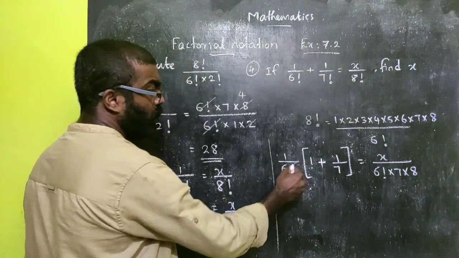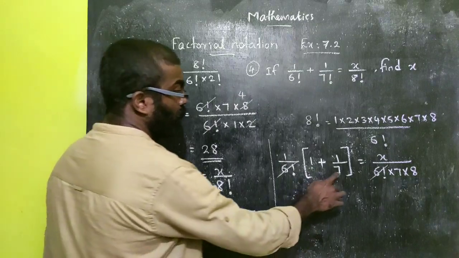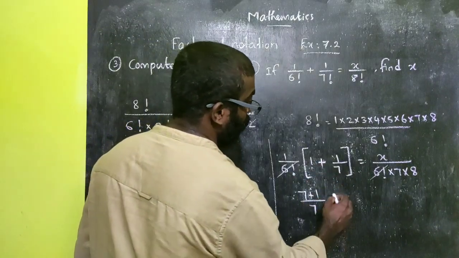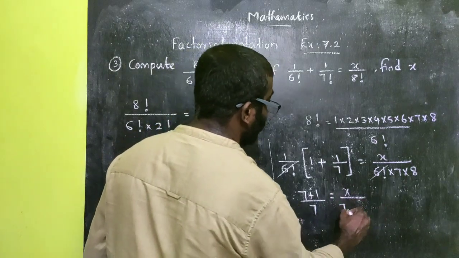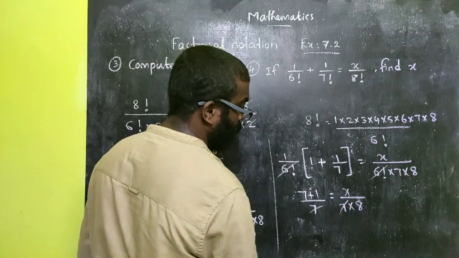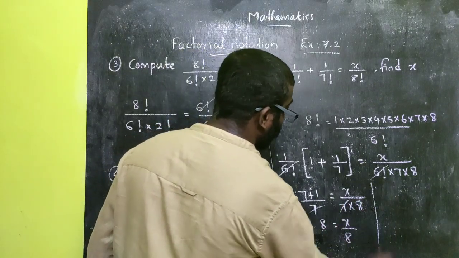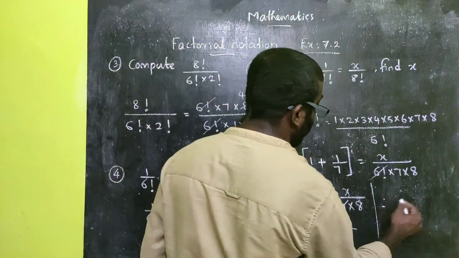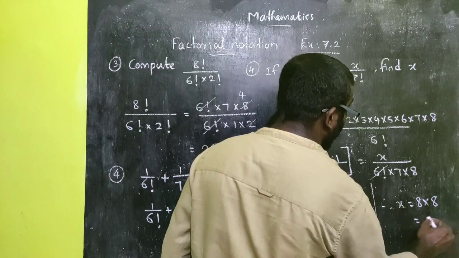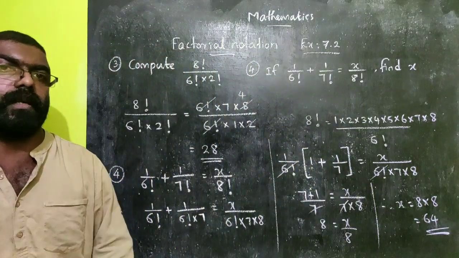Now we can cancel the 6 factorial from both sides, and we can cross multiply. 7 plus 1 by 7, which is equal to x by 7 into 8. This 7 and 7 we can cancel. That is 8 is equal to x by 8. Here we can cross multiply. Therefore x is equal to 8 into 8, which gives 64. So our answer is 64.